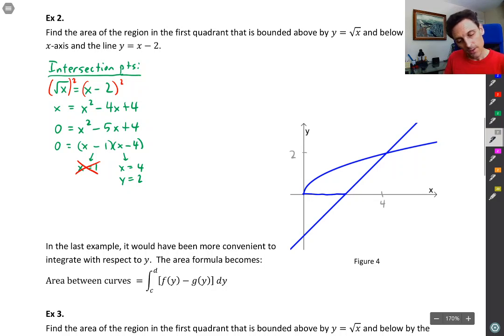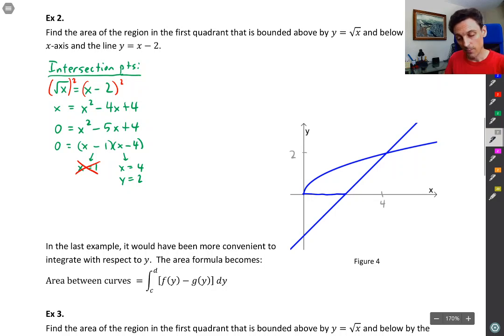Now, the other thing, too, is we need to figure out where this line here along the x-axis intersects this line, y equals x minus 2. You can either do it algebraically or just think through it. Where does the y equals x minus 2 line equal 0? So where is y equals 0 on this y equals x minus 2 line?